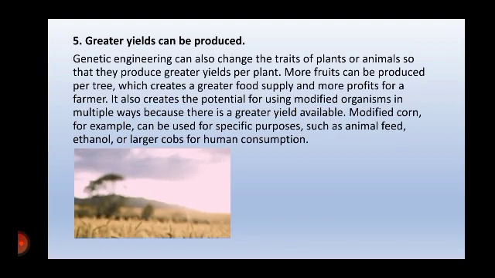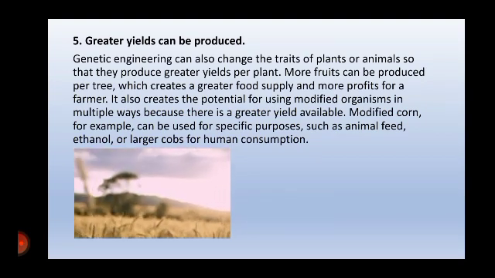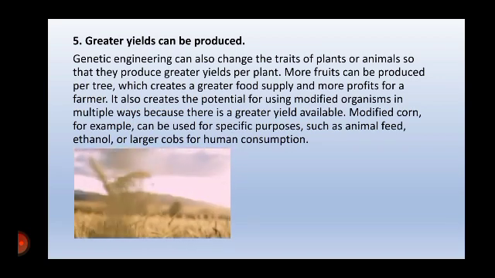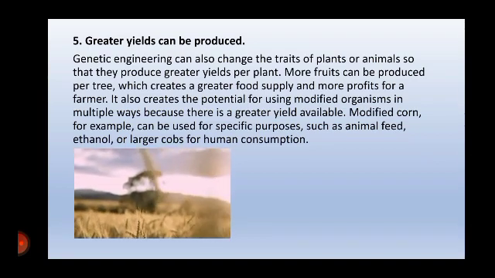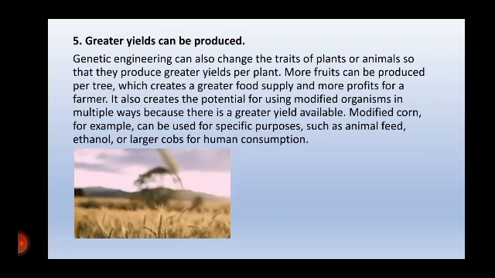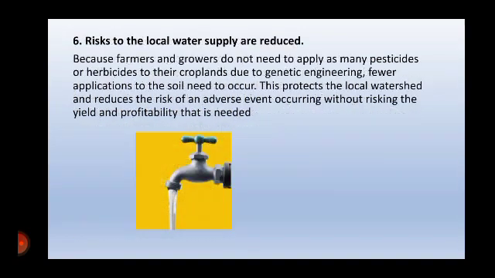It also creates the potential for using modified organisms in multiple ways. Because there are greater yields available, modified corn, for example, can be used for specific purposes such as animal feed, ethanol, or larger crops for human consumption.